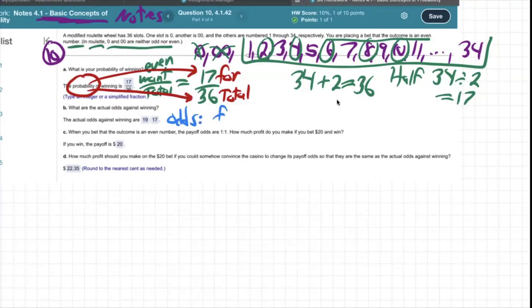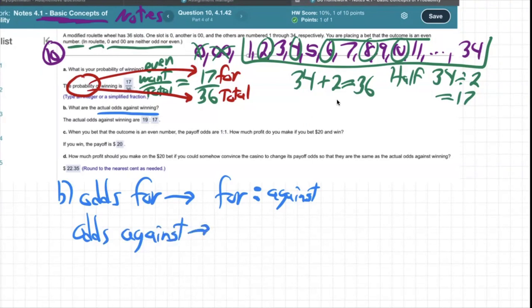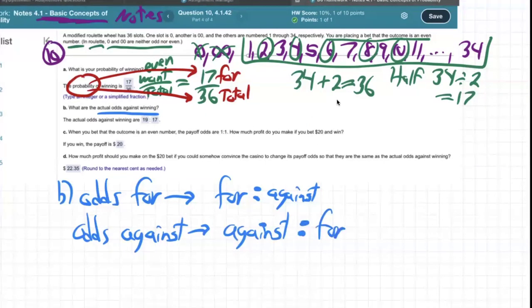Odds for something are 4 colon against. But in this particular question, they're saying odds against winning, so you just flip it around. It's against colon 4. Those are the odds against winning.